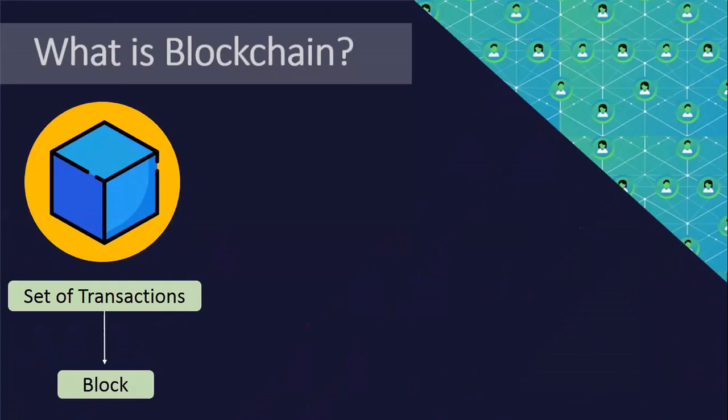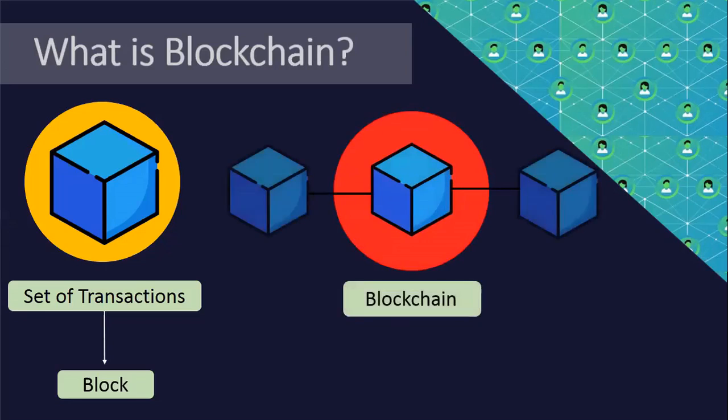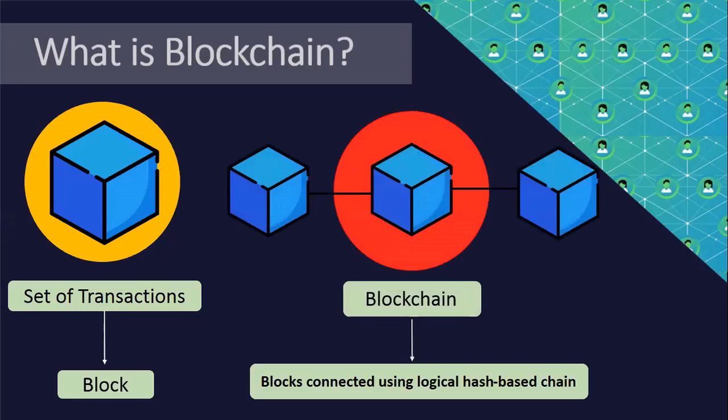I'm trying to give you a very first level introduction to blockchain, the words block and chain themselves, and how they give you an intuitive idea about what blockchain is, right? So a set of transactions are bundled together and called a block, right? Then you have these blocks connected with other blocks, right?